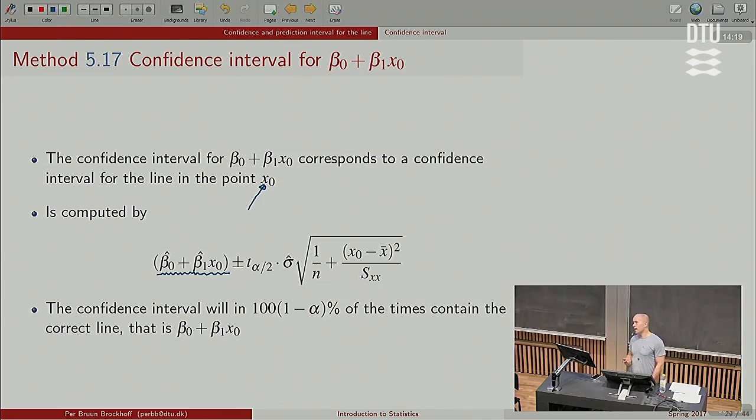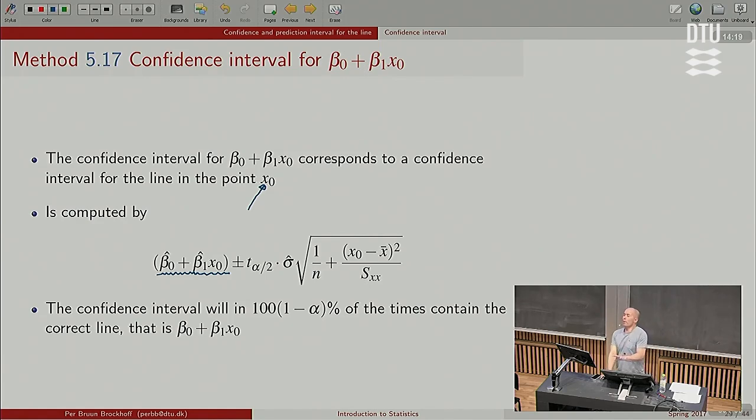And then I could estimate the expected weight for a person of this height, or maybe I should be more precise in the way I say it. I could estimate the average weight for persons being 171.5 centimeters tall.